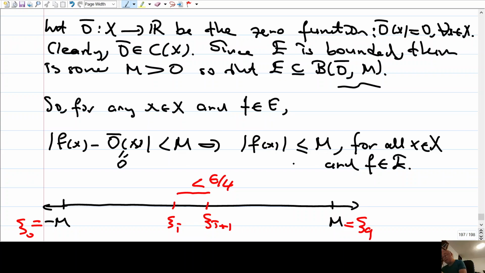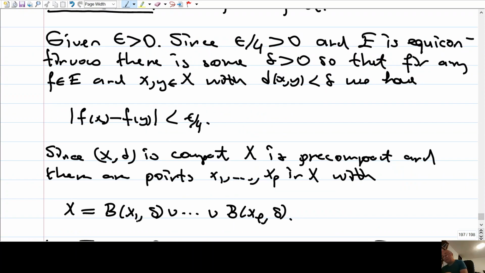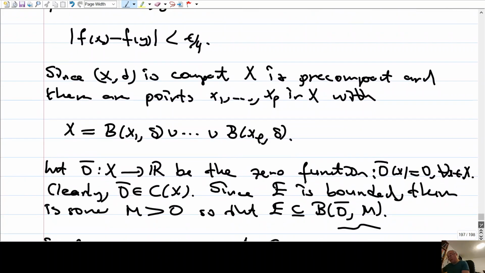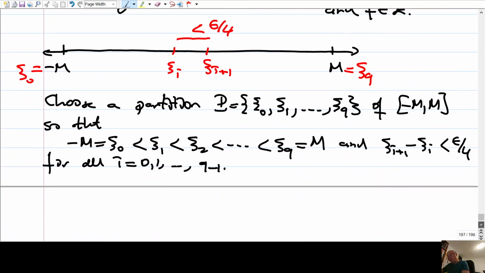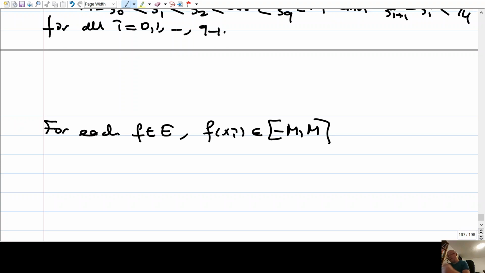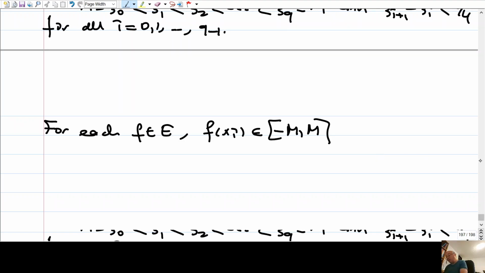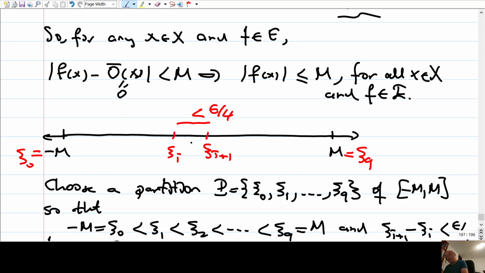And what are those xi's? Xi's are, remember, the points which cover our metric space. Delta balls cover the metric space. So I have finitely many such points, x1 to x rho, and I am looking at this value. This value is between these two numbers. Therefore, this value falls into one of these intervals. Okay.